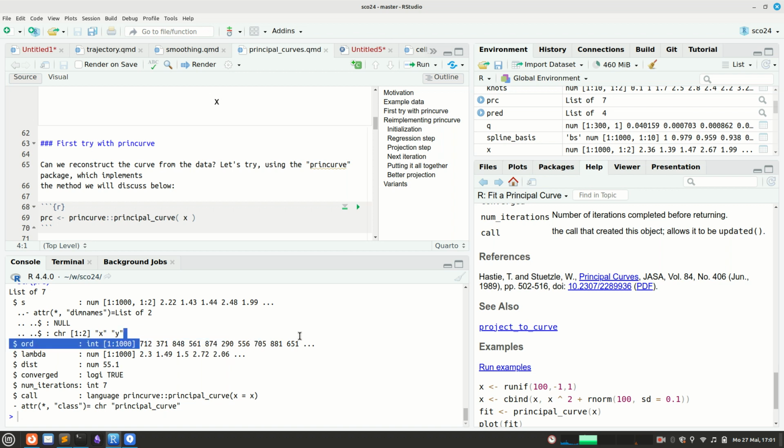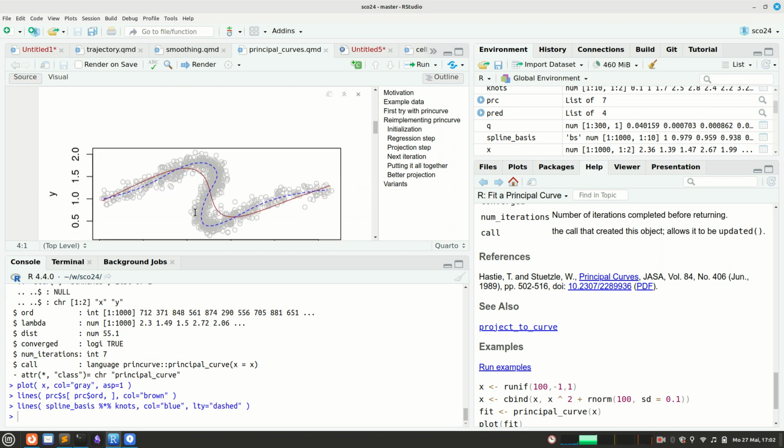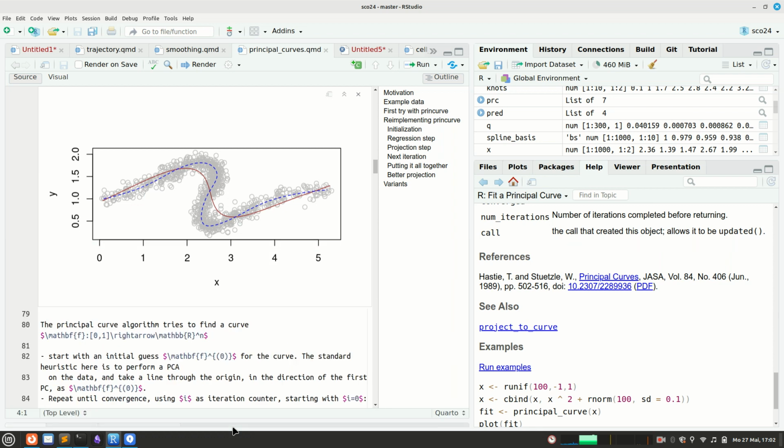Ord is the order, so this first point is point number 712 in the list of all the points. Lambda is how far the projection of the point is along the curve, measured as curvilinear integral from the starting of the curve. And yes, the rest is just various other stuff. So here we get this curve, and as you can see, the brown curve sort of follows the data, but not very well.